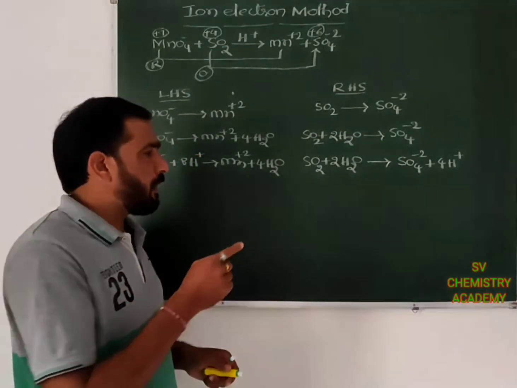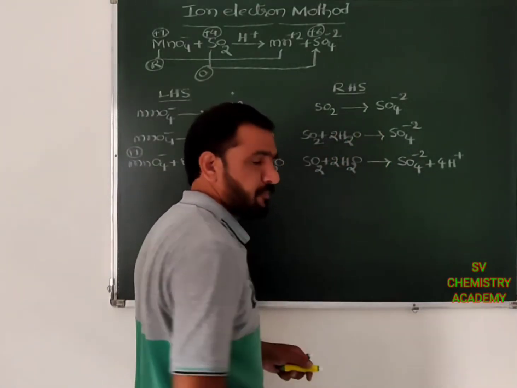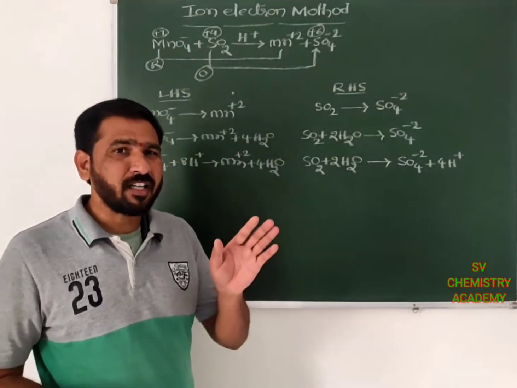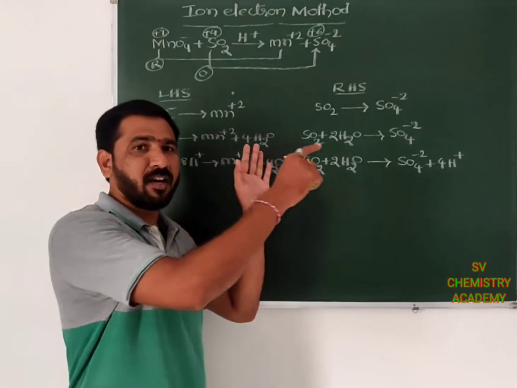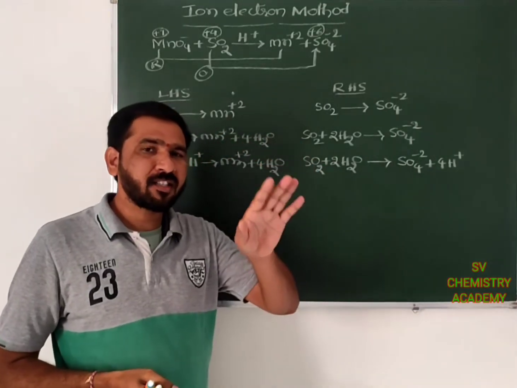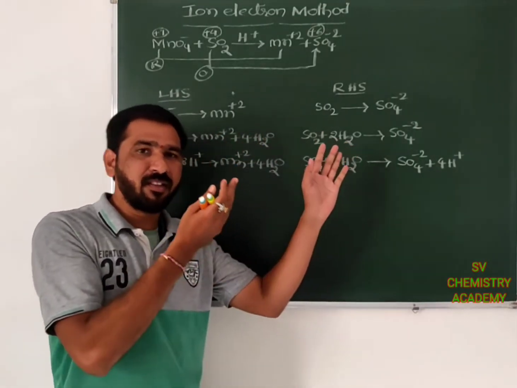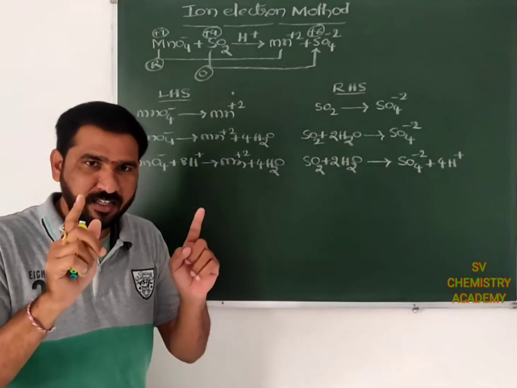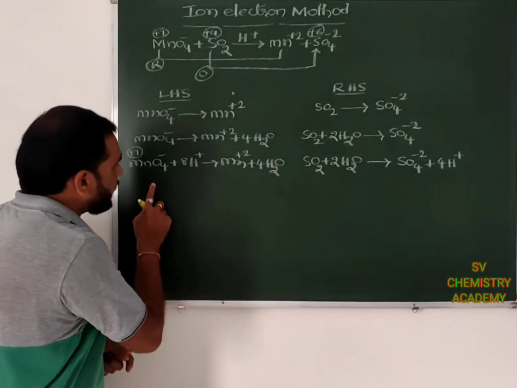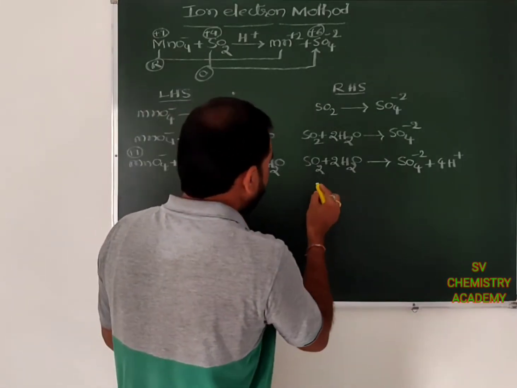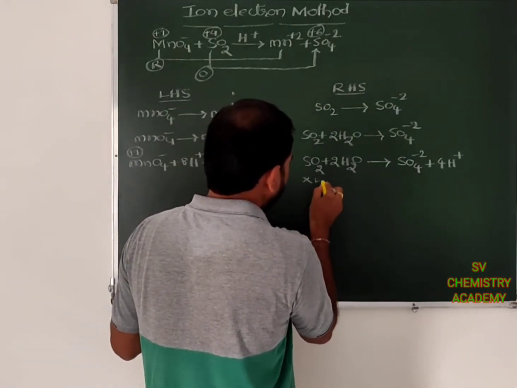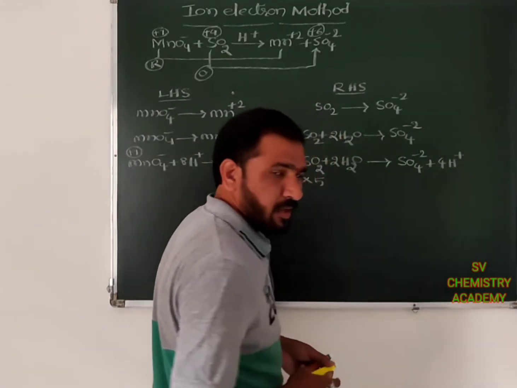That 5 is multiplied with the RHS. The number of electrons participated in LHS multiplies with RHS, and the number of electrons participated in RHS multiplies with LHS. Crisscross. Is it clear? So here 5 electrons participated, therefore multiply with RHS. Right?